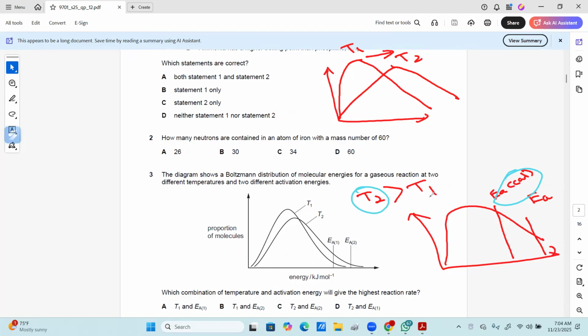Therefore, the reaction rates are higher when you increase the temperature and when you add a catalyst. So the correct answer: which combination of temperature and activation energy will give the highest reaction rate? T2 because it is the highest temperature, EA1 because it is the activation energy with a catalyst.